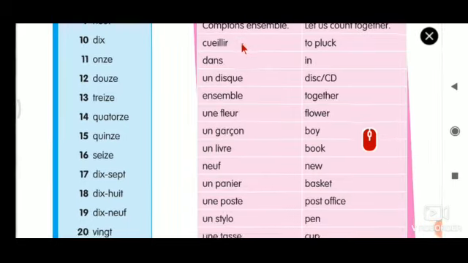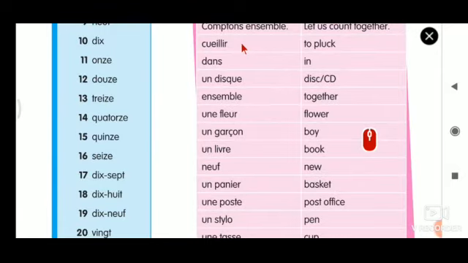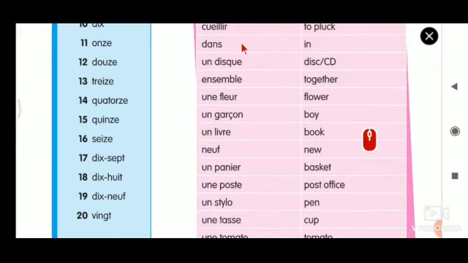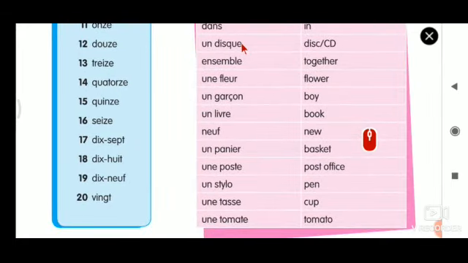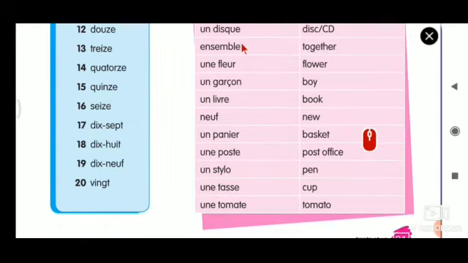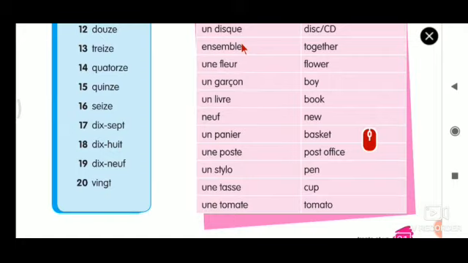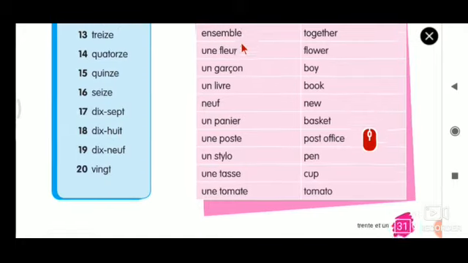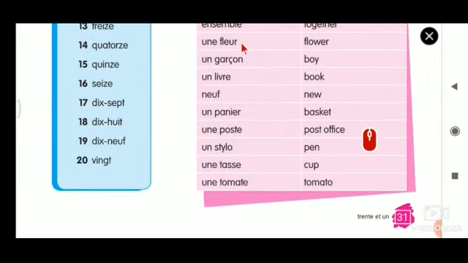Cueillir, to pluck. Dans, in. Un disque, disque. Ensemble, together. Une fleur, flower.